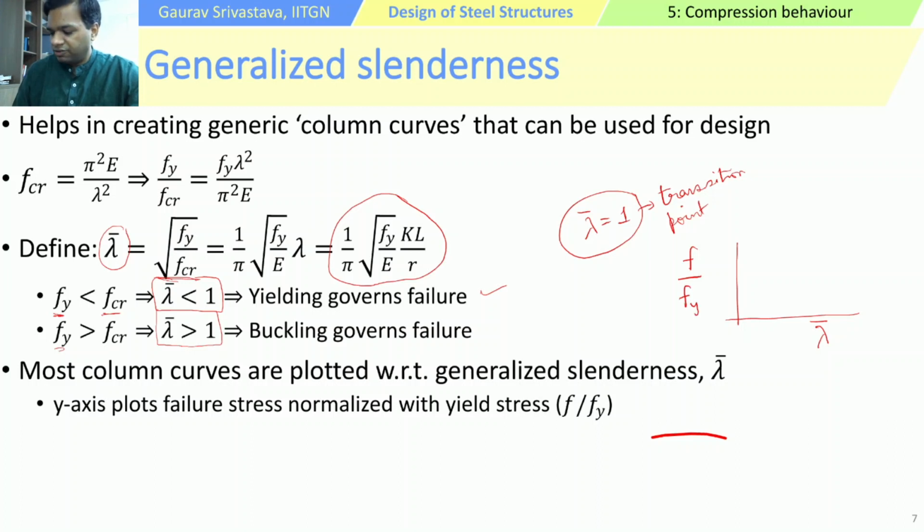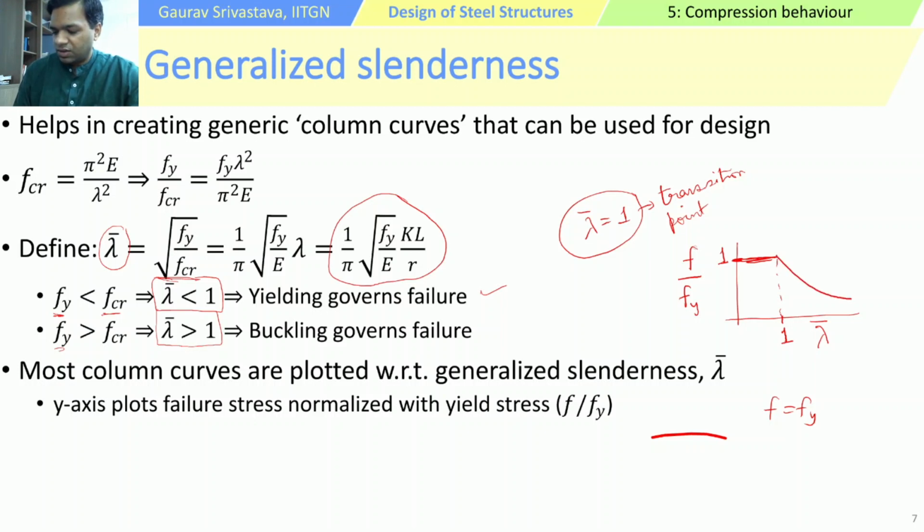If the failure stress is equal to Fy, it will be 1, right? So for very small slenderness ratios, it will start out at 1. Then at lambda bar equal to 1, that is the transition point. Beyond that it will look like that, right?